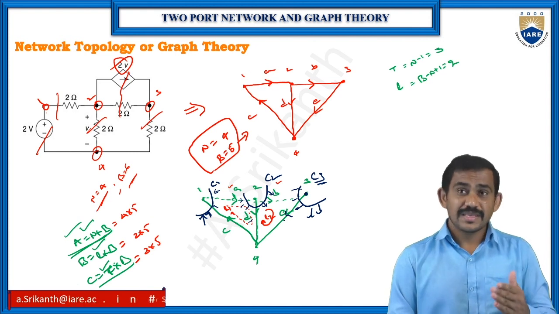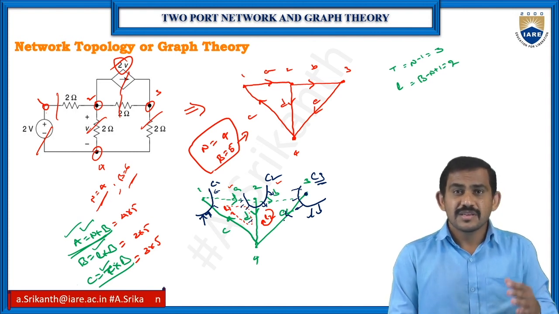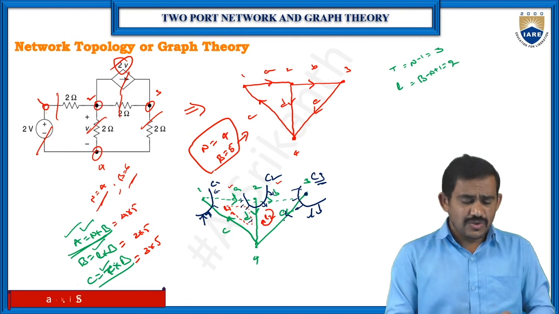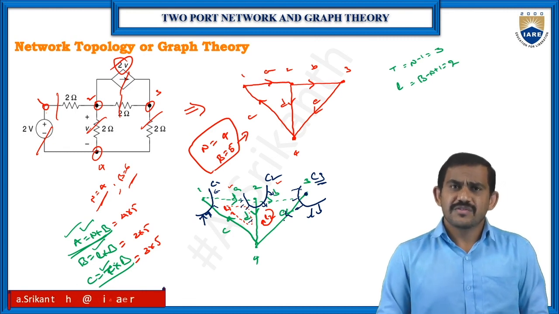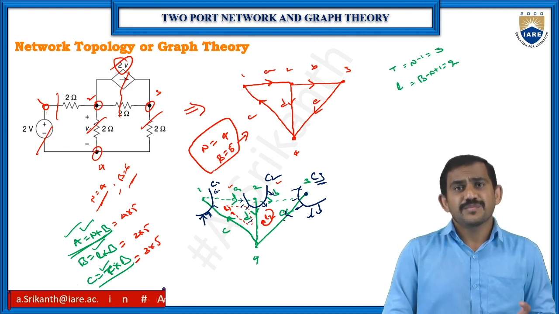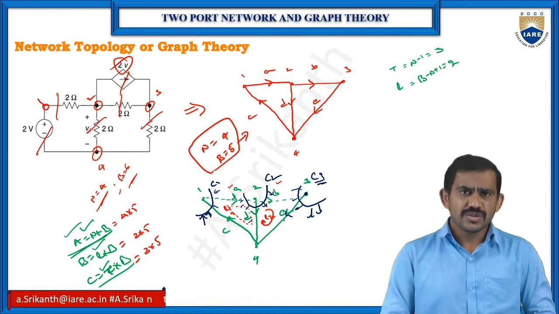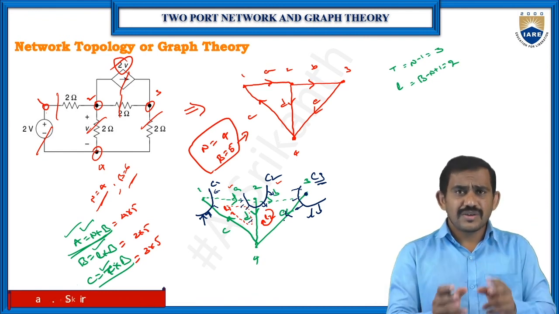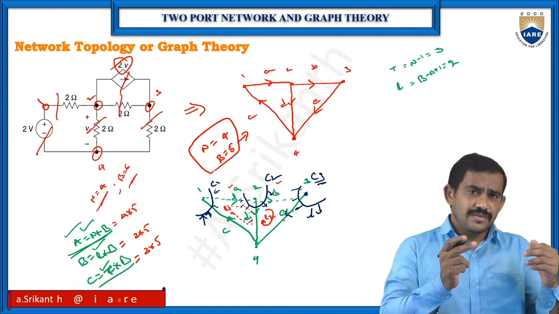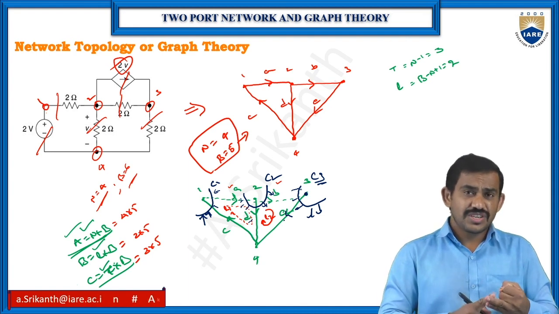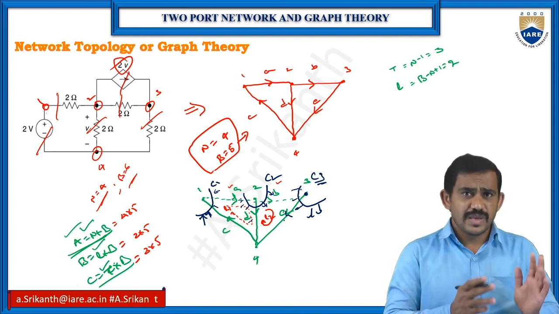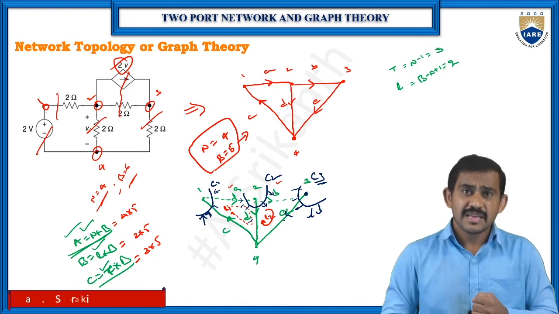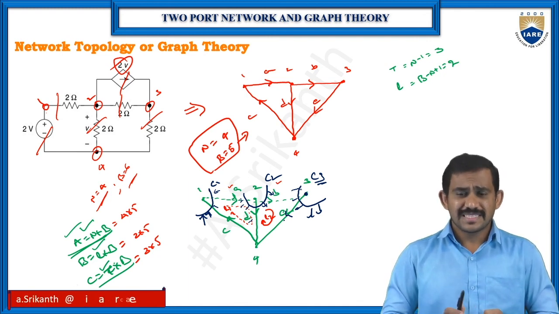Like that, we need to find the A, B and C matrices. Any original graph you can use for the B and C matrix. So from circuit to graph to original graph, that means tree and co-tree, then the A matrix, B matrix, C matrix: incidence matrix, basic tie set matrix, basic cut set matrix.